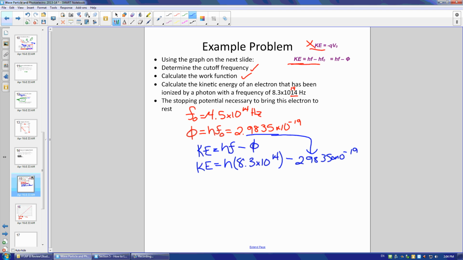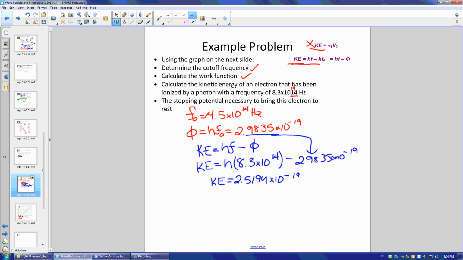And I end up with a kinetic energy of 2.5194 times 10 to the negative 19th. So I did 6.63 times 10 to the negative 34th. That's h times f, which was 8.3 times 10 to the 14th.